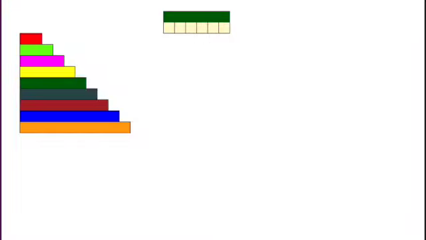Okay, let's look at the value of the red rod. I want to see how many red rods I can fit into the length of my green rod. That is 2, 3. Okay, because 3 red rods fit into a green rod, that means the value of the red rod is 1/3 of the green rod.